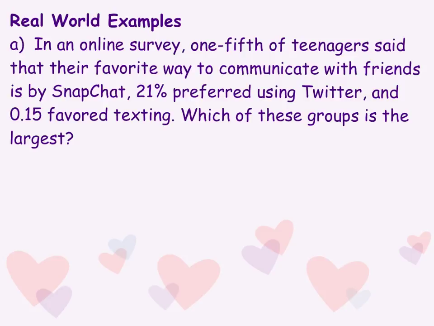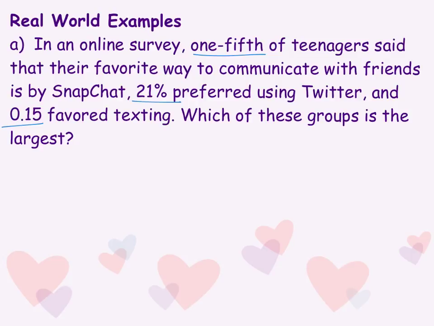Now, it's hard to compare these groups because one group is given as a fraction, one group is given as a percent, and another group is given as a decimal. So just like when we compare fractions and decimals, we can't really compare them until they're in the same unit or the same type of number.